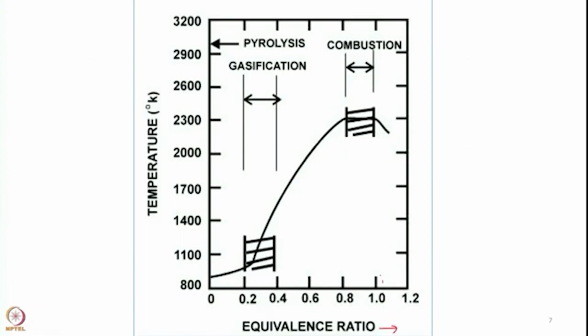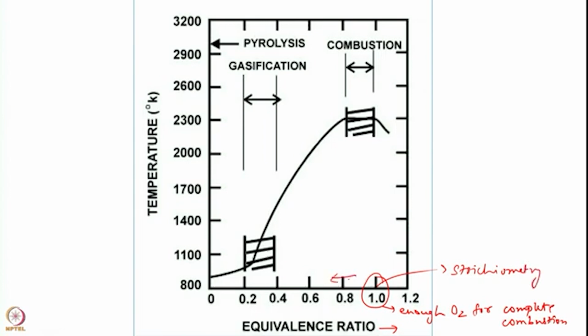An equivalence ratio of 1 means there is enough oxygen for complete combustion, and that is what we mean by stoichiometry. Below this point there is less oxygen, and beyond this point we have excess oxygen.